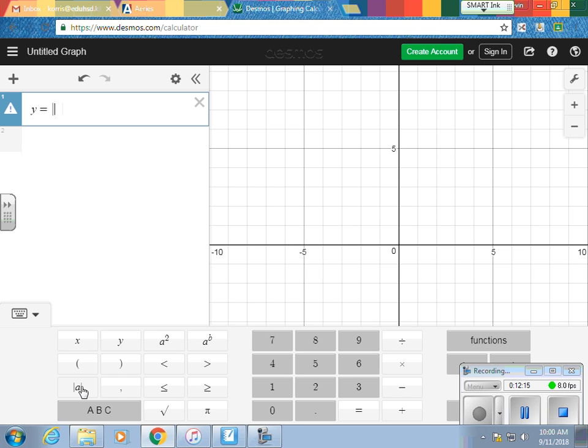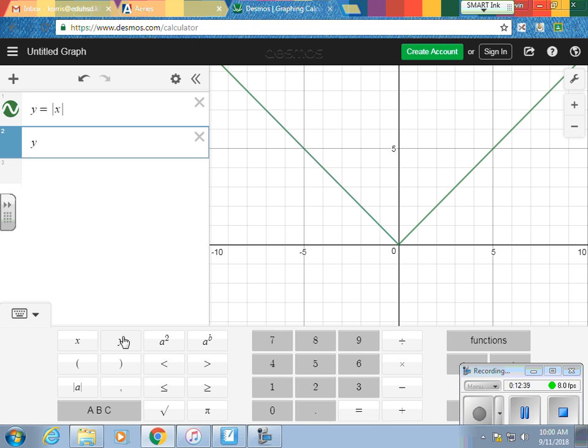It gives you one bar. You type in what you want. There's the absolute value. If you want to get past the bar, you got to type past it, and it'll move you past the absolute value key, because it's automatic parentheses where it gives you both of them, and you fill in what you want until you move the cursor to the outside of it. Okay, so there's the basic absolute value.